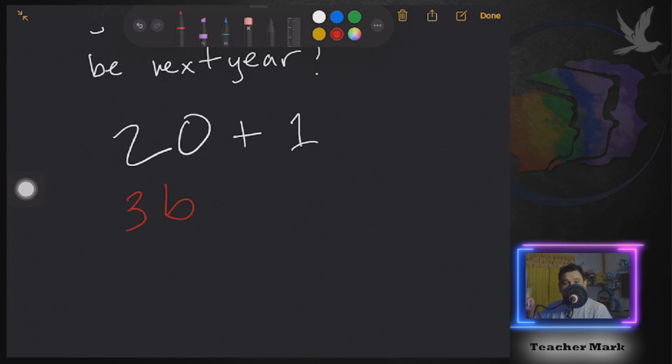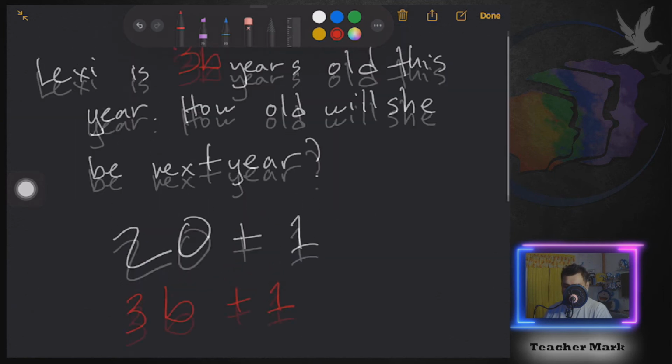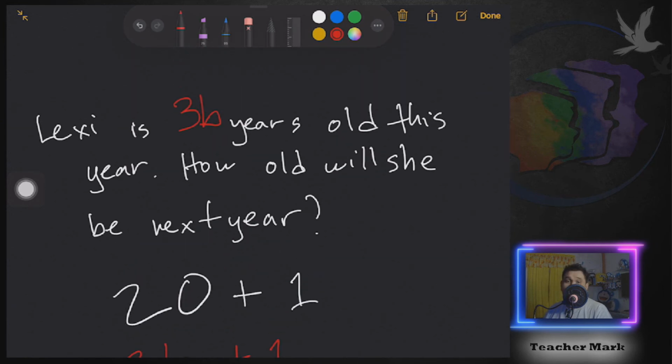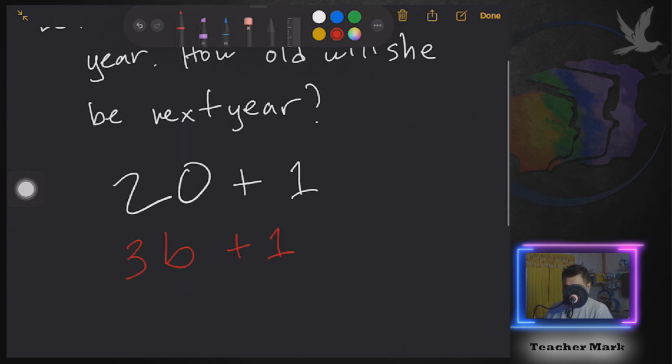And next year, which is an additional 1 year, is equivalent to plus 1. So since our value for her age this year is 3b years old, then that is equivalent to 3b plus 1.